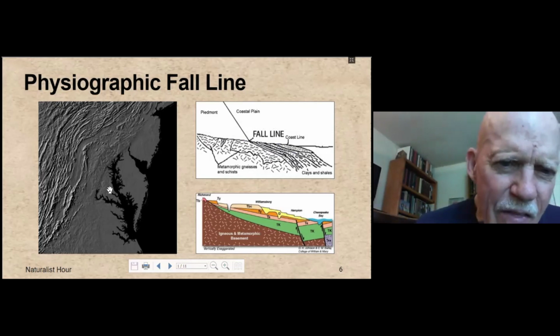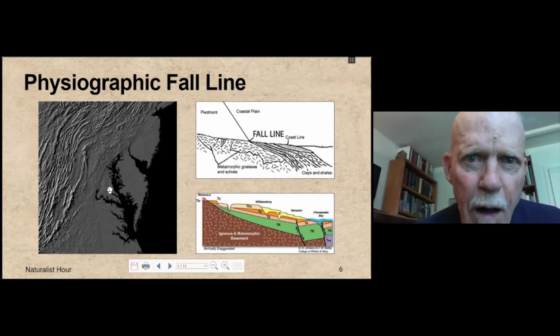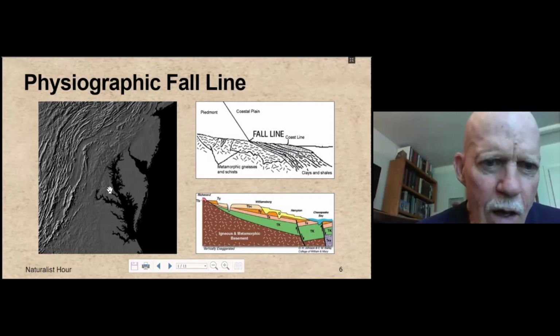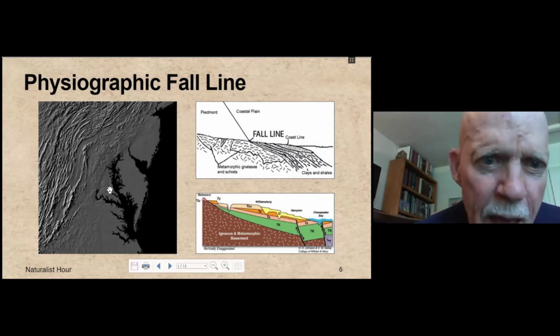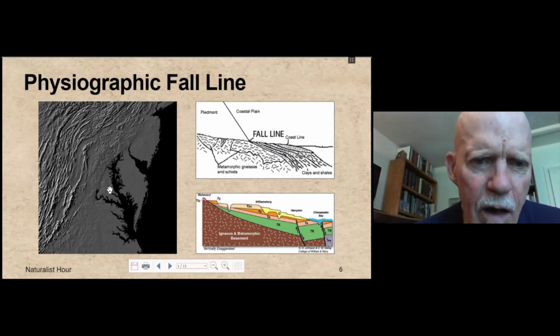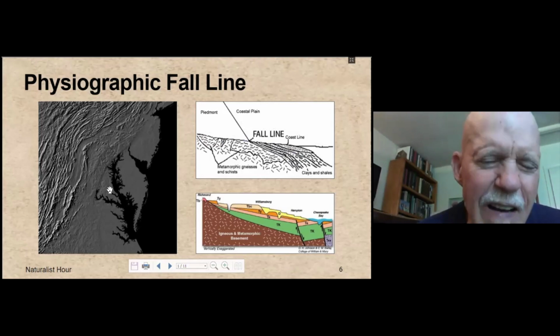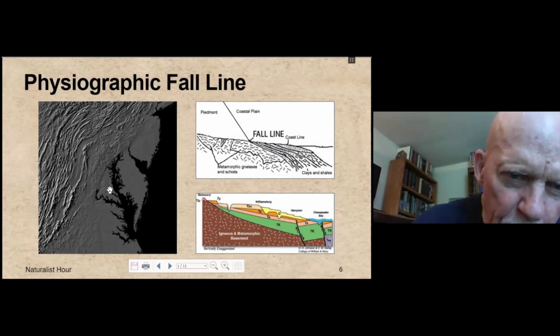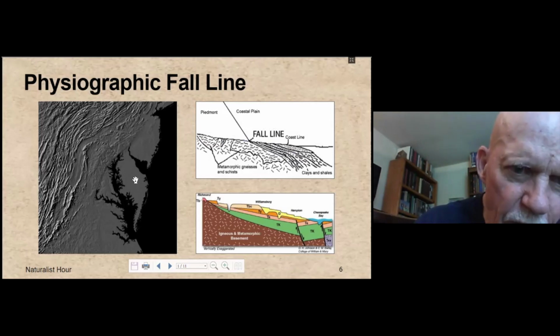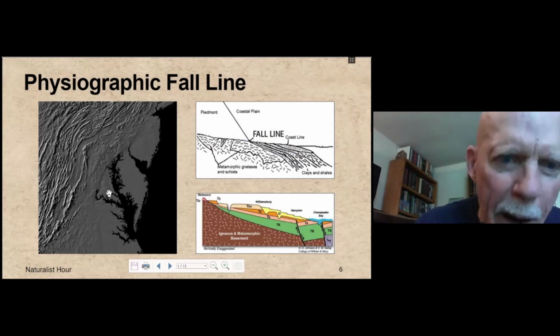Now, that is a result of uplift in which the layers of the coastal plain there are relatively higher than elsewhere, and excavation by streams, erosion, has dug into those layers. But even so, if you're familiar with Southern Maryland, there's large, basically flat areas that are similar to the areas over here, but simply lifted up higher.